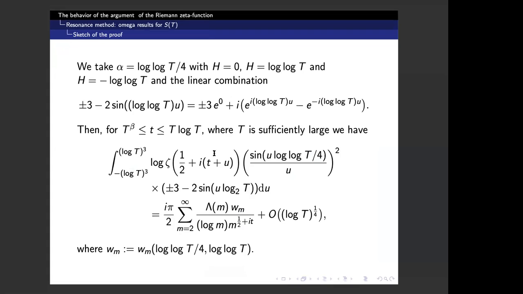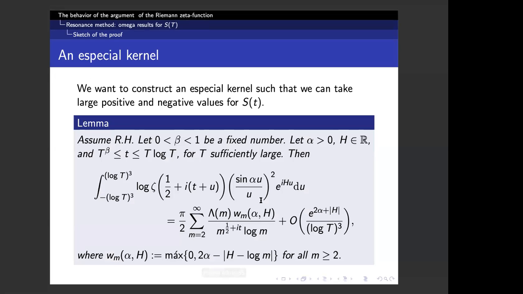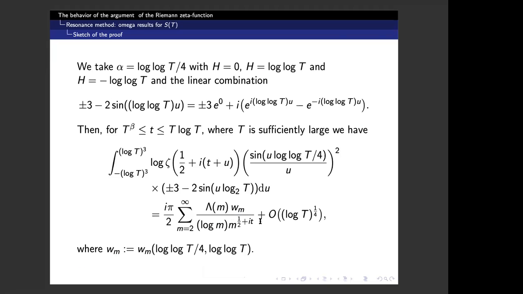And in this case, when h is 0 and alpha is log t over 4, this series, using the prime number theorem, is bounded with this factor, log t to the power 1 over 4.